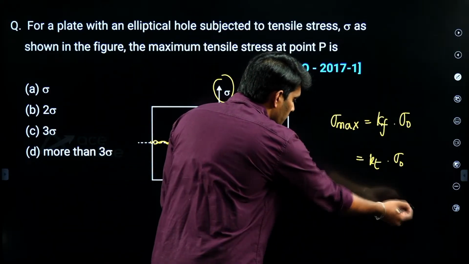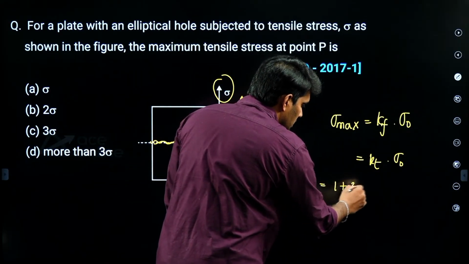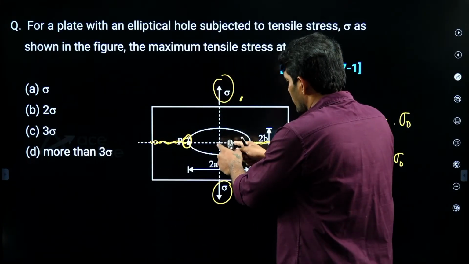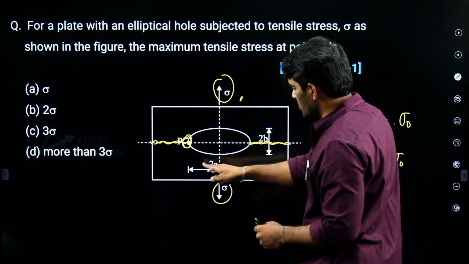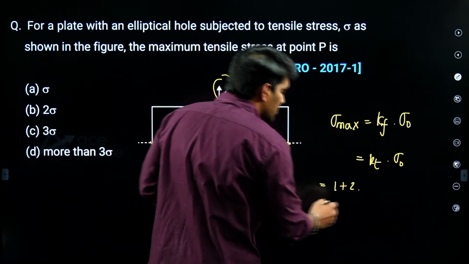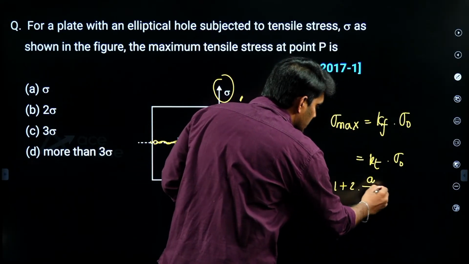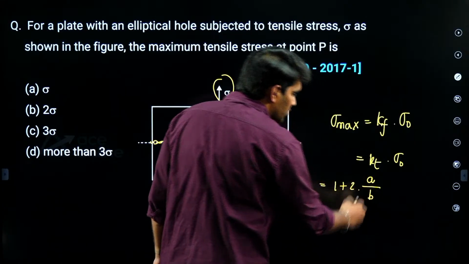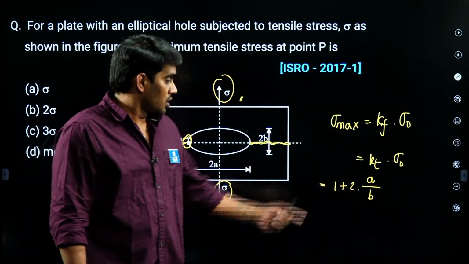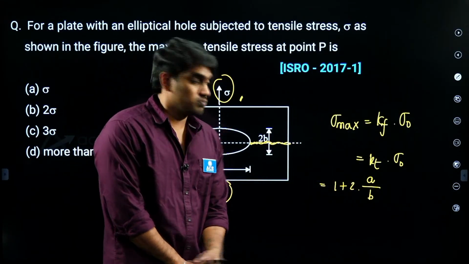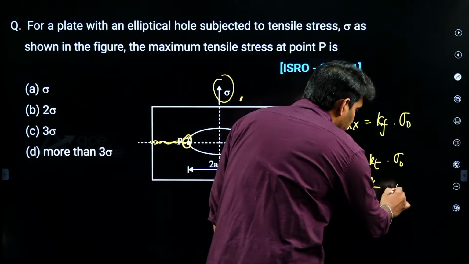This is equal to 1 plus 2 into the lateral dimension divided by the longitudinal dimension. What is the lateral dimension here? 2 times A, where the semi value is A, divided by the longitudinal dimension B. Is A greater than B or not? Obviously A is greater than B, from the observation.